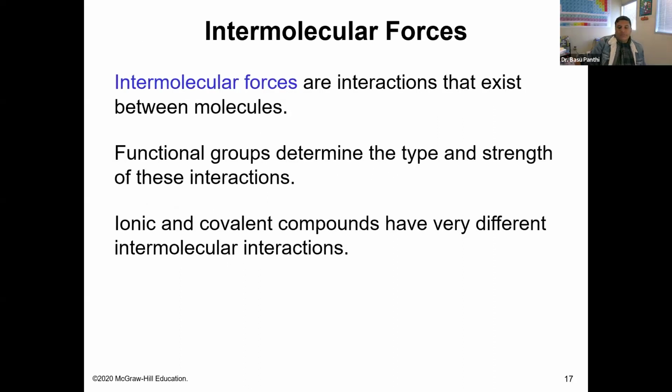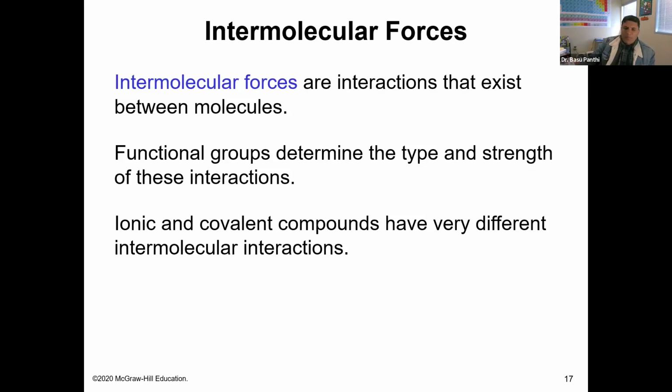So first thing, let's talk about intermolecular forces. What is intermolecular forces? The name is enough. Forces between two molecules. When you drink water, what do you drink? H2O. How many H2O? Many. That's okay. But how are they connected together?